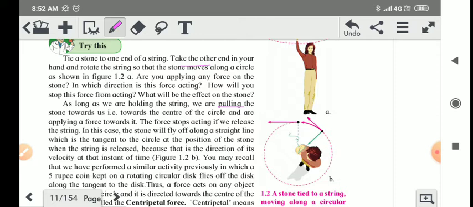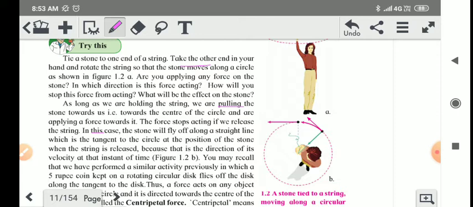So as we join the string to the stone, that string applies the force on the stone towards the center of the circle. The force stops acting if we release the string.